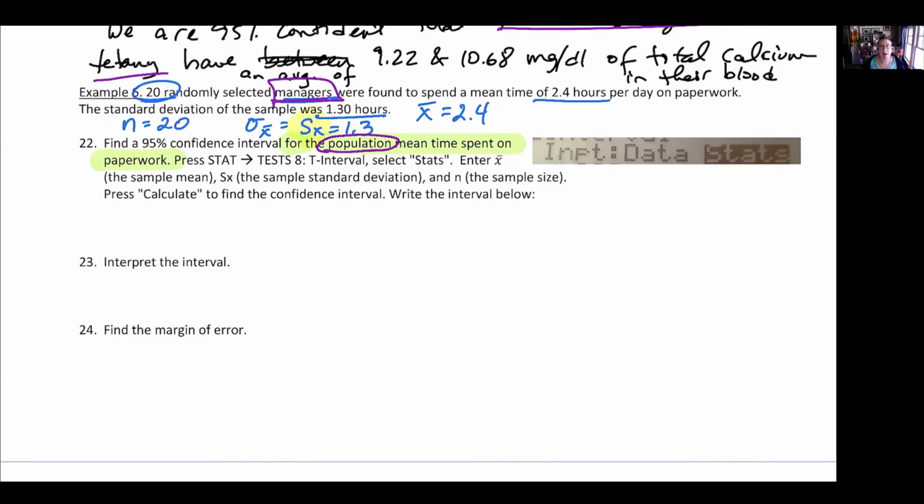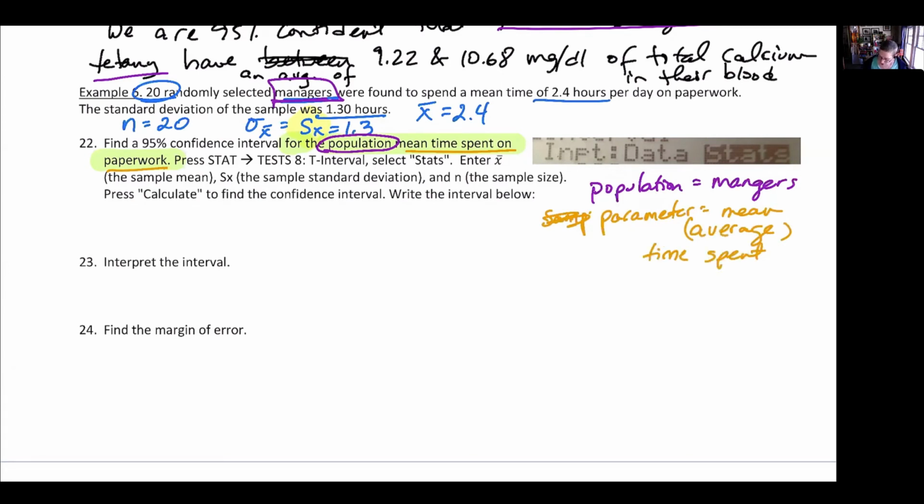Really, the sample is talking about managers, which tells us our population is managers. So I'm going to put this over here. The mean time spent on paperwork, that right there is telling you the parameter. For me, I find it's easier to think about it in terms of average. The parameter is the average time spent on paperwork, and the average is a mean.